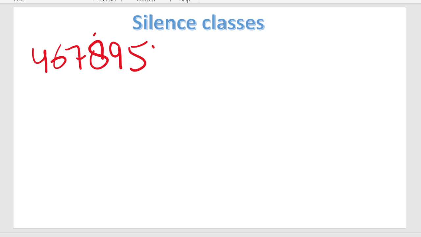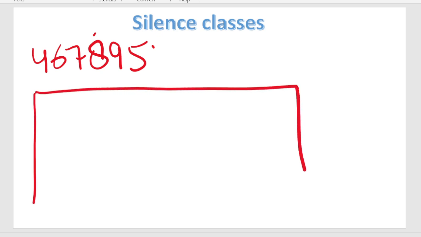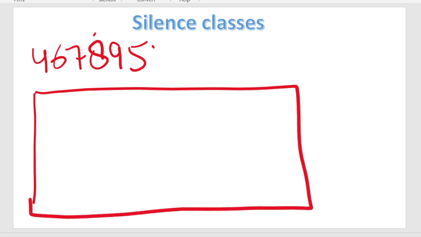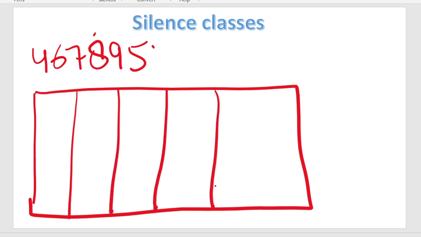Now we have to make a place value chart like this. 1 2 3 4 5 6, 6 columns are there.